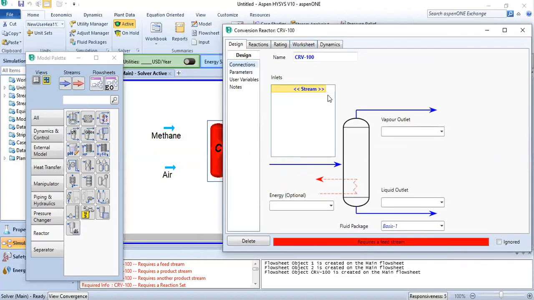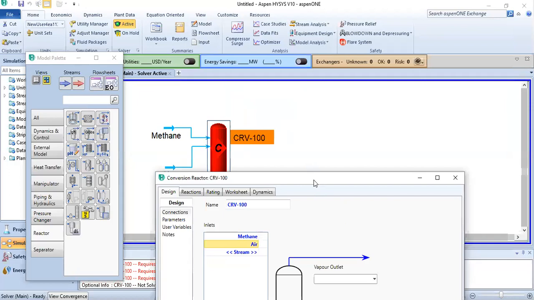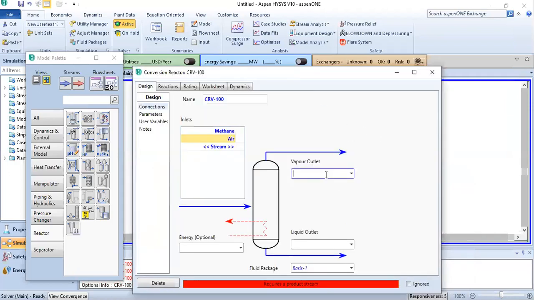So my raw materials are methane and air, and my vapor stream is oxidation reaction vapor, then oxidation liquid.